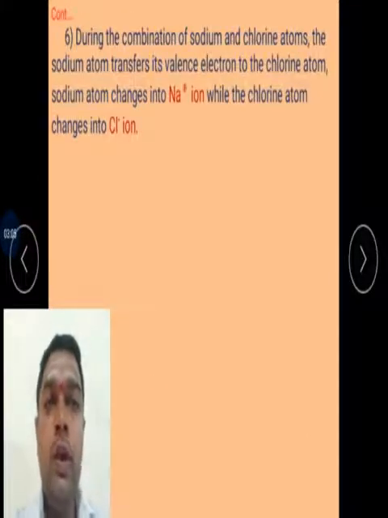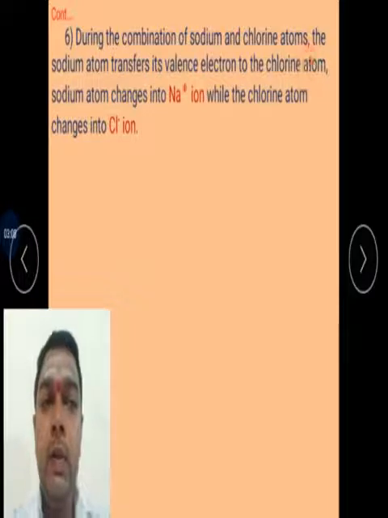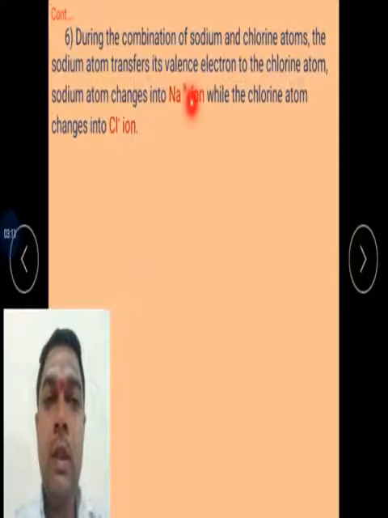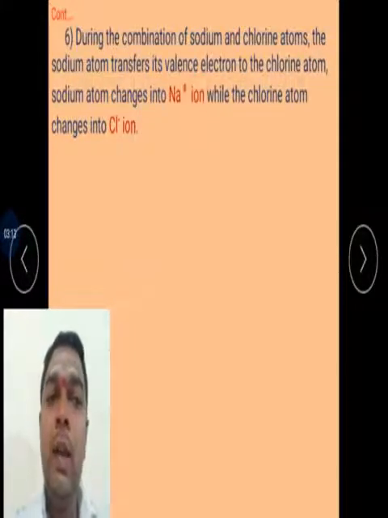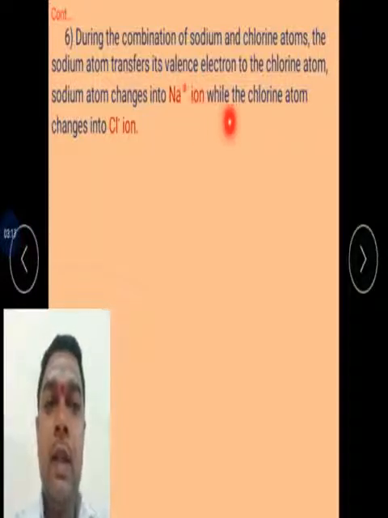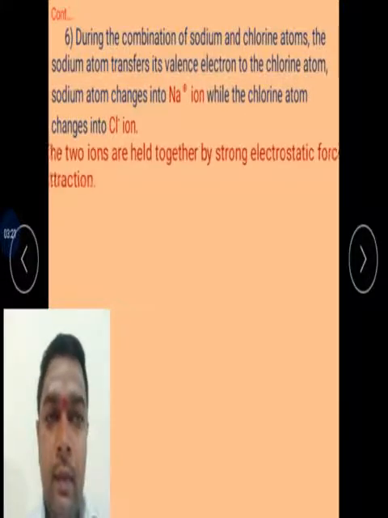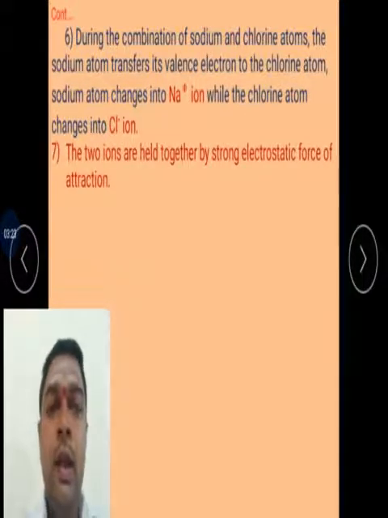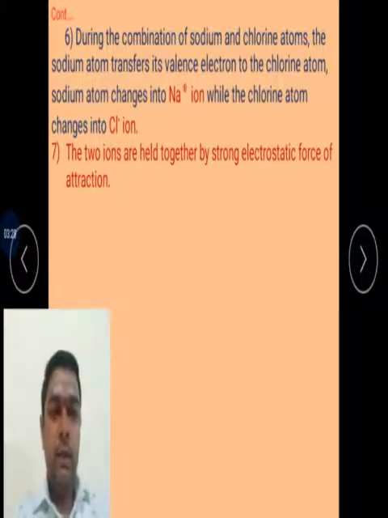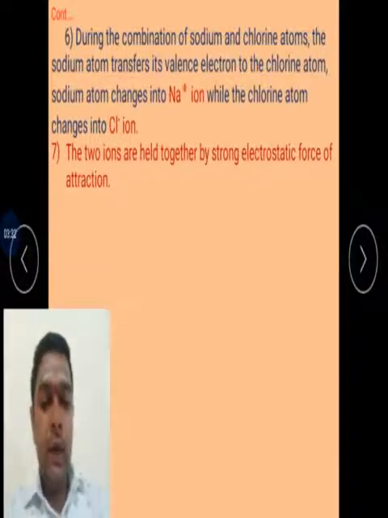Therefore, during the combination of sodium and chlorine atoms, the sodium atom transfers its electron to the chlorine atom and forms Na plus ions and Cl minus ions. The two ions are held together by the electrostatic force of attraction. This electrostatic force of attraction is called an ionic bond.